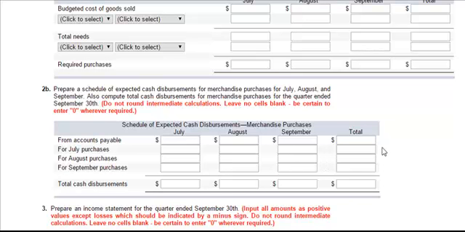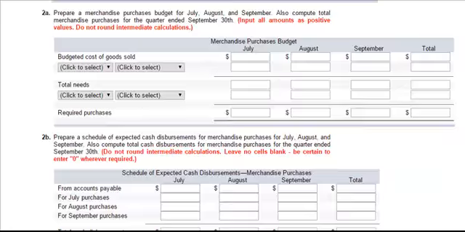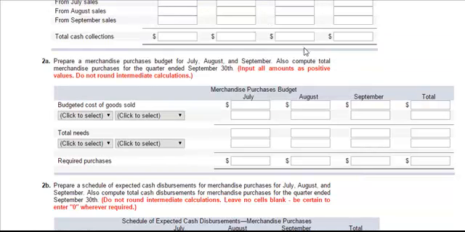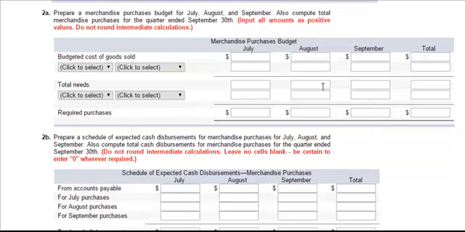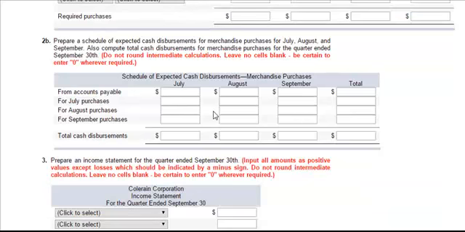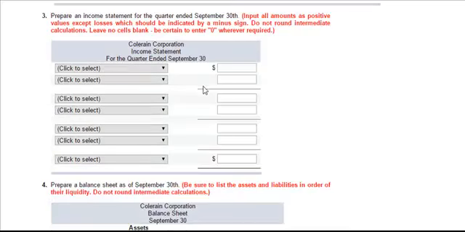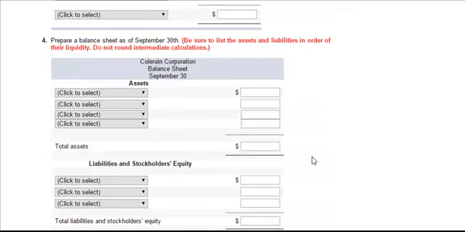So you may want to use one of your checks for checking your work after you're done preparing the schedule of cash collections, the merchandise purchases budget, and the schedule of expected cash disbursements, to make sure all of these numbers are right before you begin preparing your budgeted financial statements.